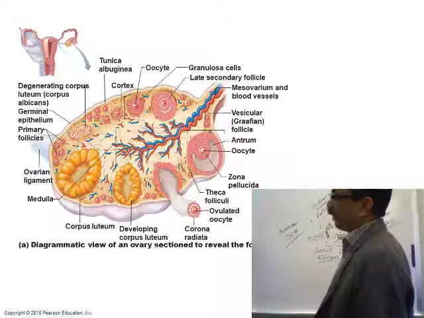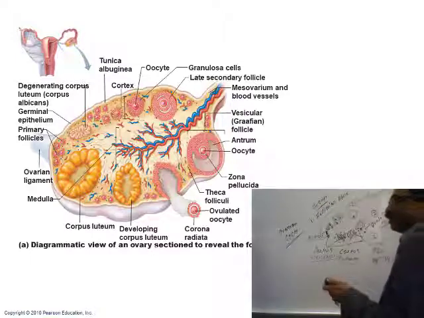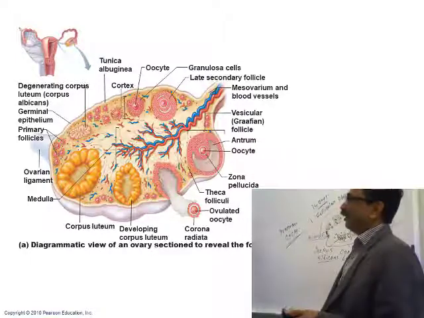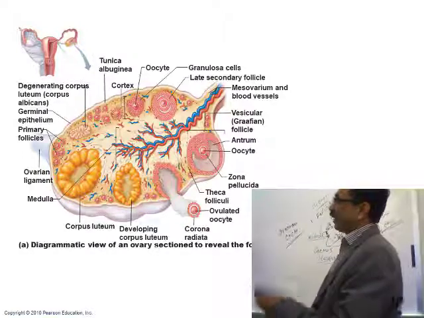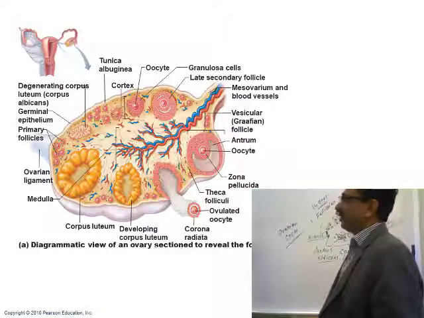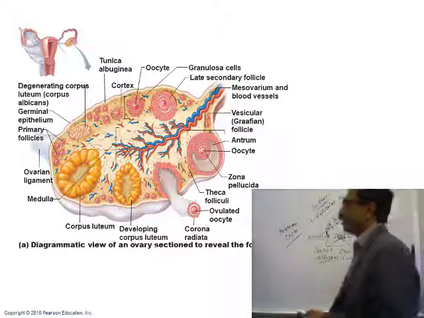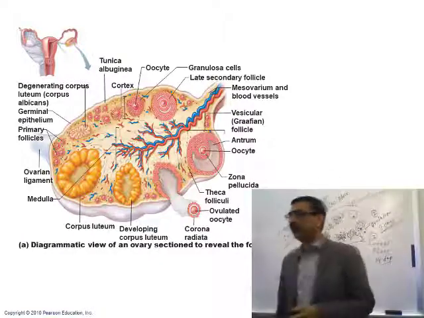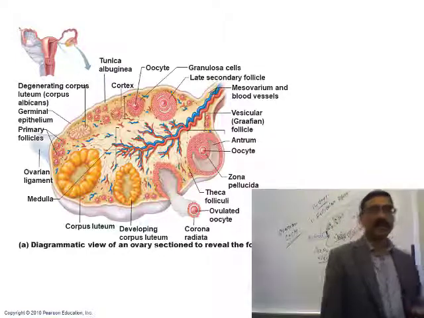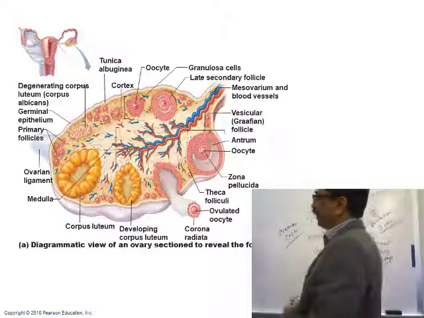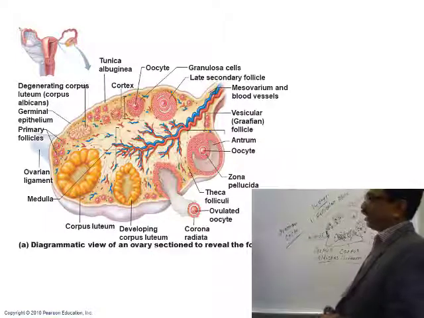If you see from the upper left side, primary follicles, and then you have the secondary follicles. Secondary follicles, there are 2 types, early secondary follicles and late secondary follicles. The difference between early and late is, of course, early are smaller, and late are larger because they are growing.